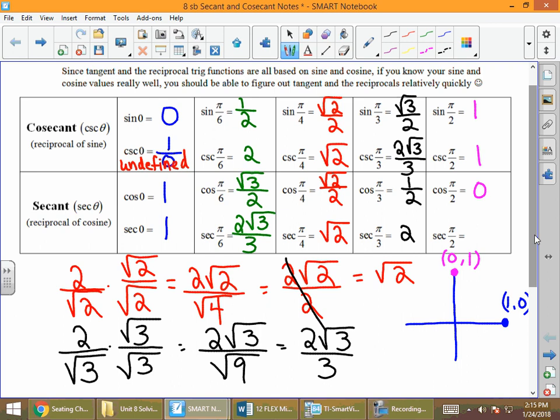And if we take the reciprocal of 0, we saw that back at the very beginning, 1 over 0 is undefined. So there are the values of cosecant and secant. Again, cosecant is the reciprocal of sine. Secant is the reciprocal of cosine. And I think of them as CSCS.